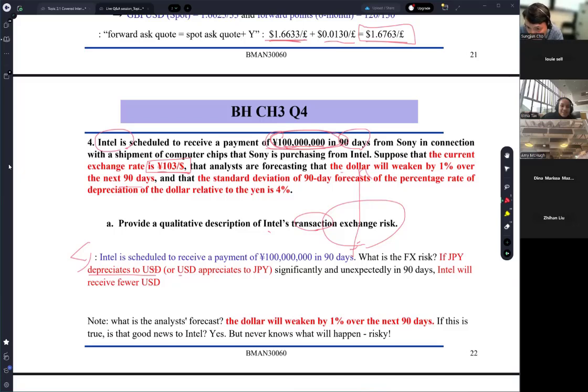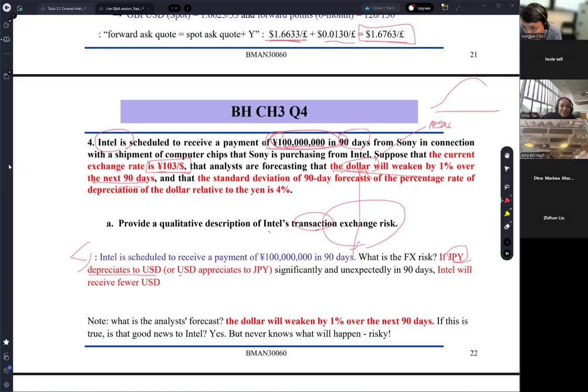Given this forecast, you may think there is no risk for Intel because the forecast is opposite of Intel's risk. Intel is worried about yen depreciation, but when the dollar depreciates, the yen actually appreciates, so Intel is going to get more dollars. So there is no risk. That's not the case. Remember, this is the mean forecast.